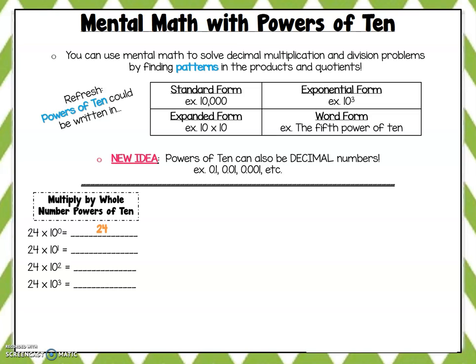But now that we're talking about decimals, I get to teach you that there's actually been something else going on behind the scenes. Really, what we're doing, instead of just adding on zeros, is putting those zeros in as placeholders because we're really shifting the decimal point. In other words, in 24 times 10 to the first, I know I have the whole number 24 followed by a decimal point. Since I'm multiplying by a whole number power of 10, that means my answer is going to get greater.